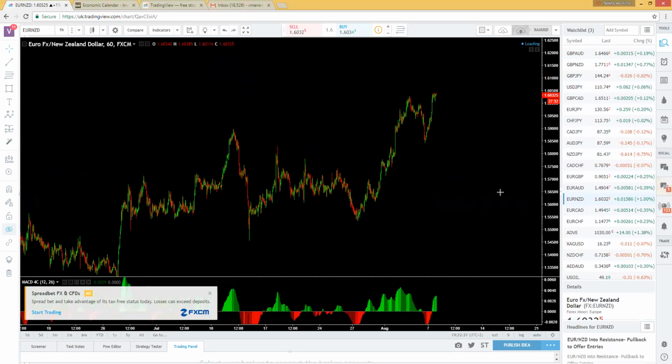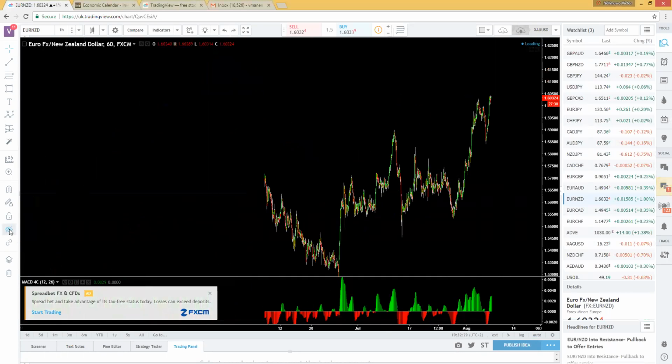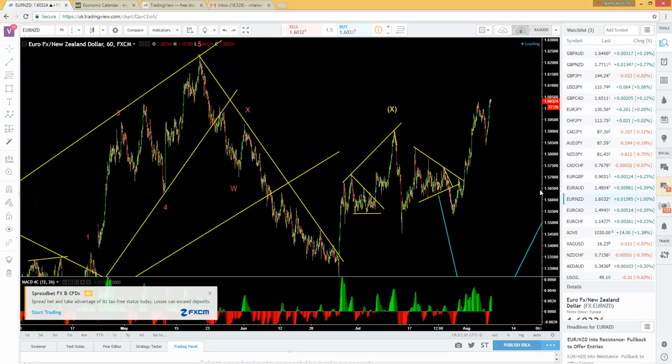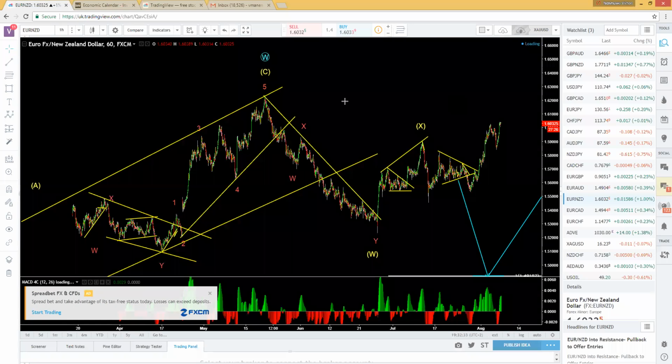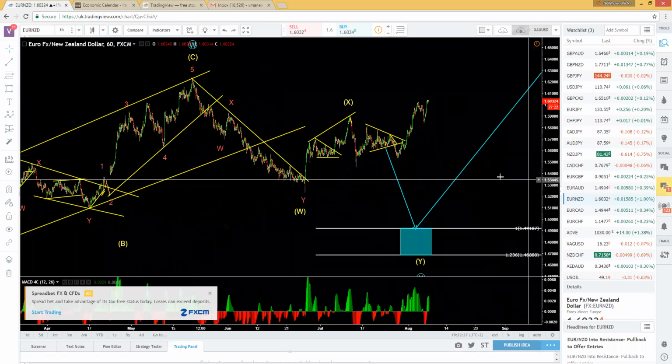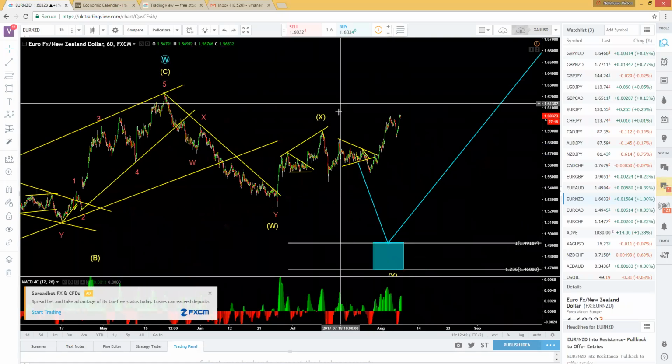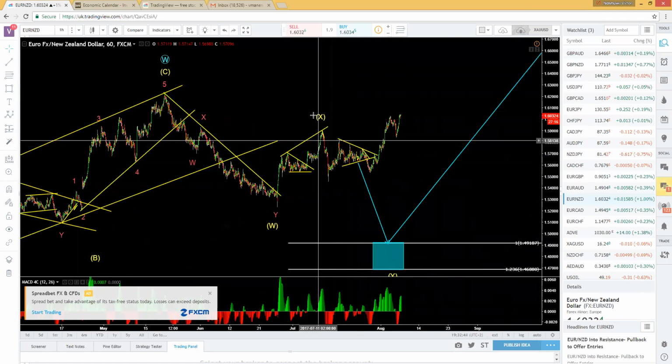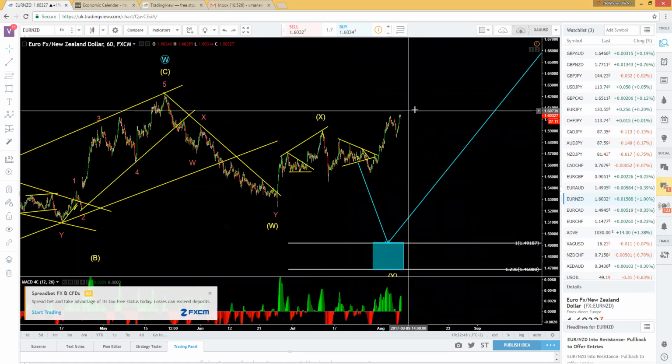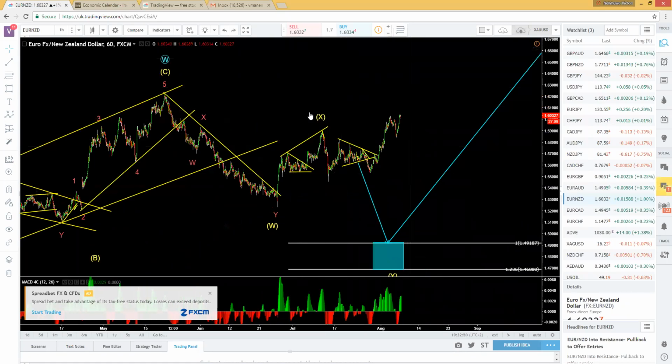So Euro New Zealand. We've already run more than an hour, so I'm going to leave the chart as I had labeled it before, and I'm going to make the adjustments with you guys here. So on Euro New Zealand, we had this impulse here.